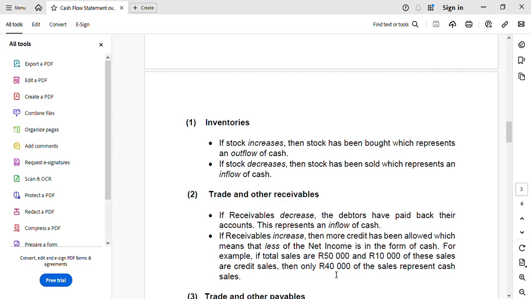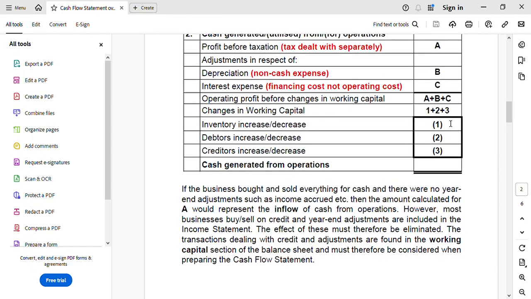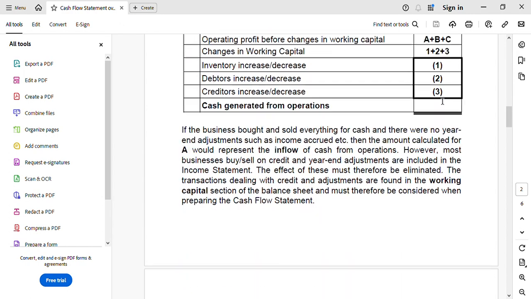So if your receivables increase here, it means that less of this net profit is in the form of cash, so that figure will be put in brackets. It's not an outflow of cash, you're not paying anything, but it reduces the amount of profit that is actually in the form of cash.